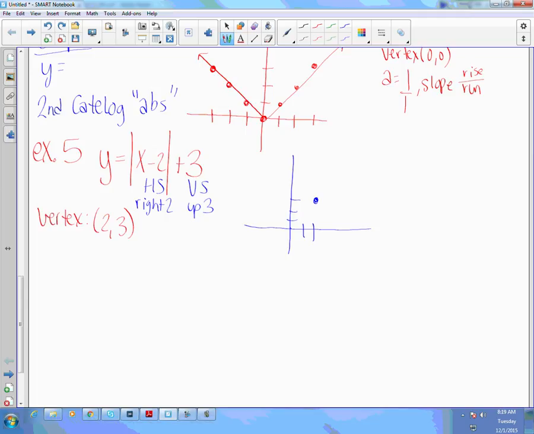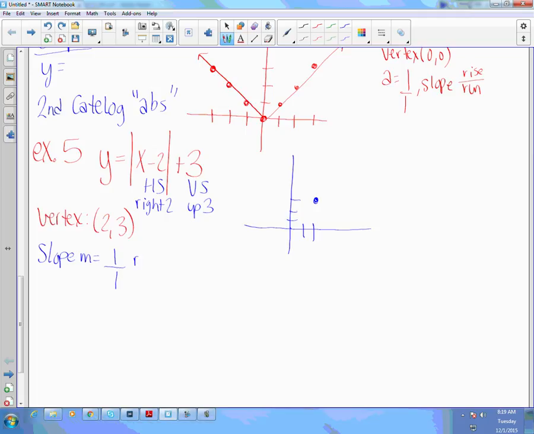Okay, next again, what's the multiplier in front of the absolute value symbol? And what is it? 1. No, this is our slope. Our slope is 1 over 1.